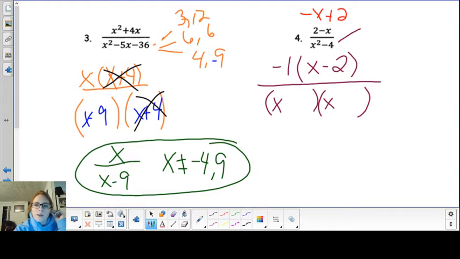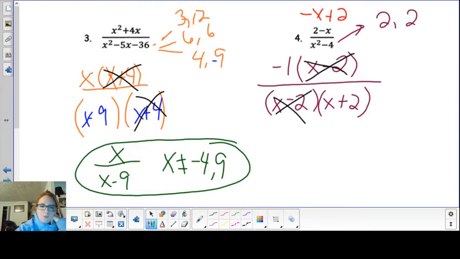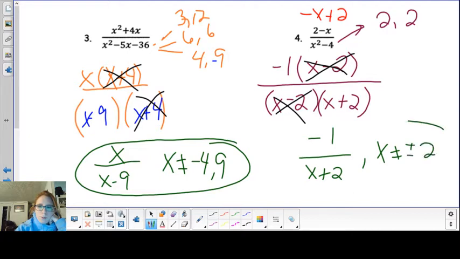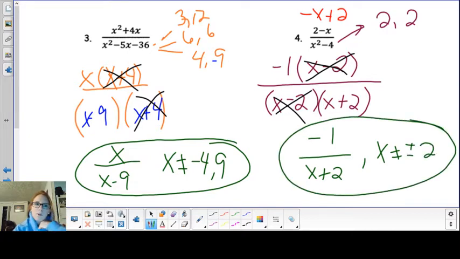What will multiply to a negative 4 and add to 0? 2 and 2. I need one negative and one positive. So my x minus 2's cancel. I'm left with a negative 1 over x plus 2. And I don't want x to be equal to plus or minus 2. Because remember, that would make my denominator 0, and that makes me unhappy.